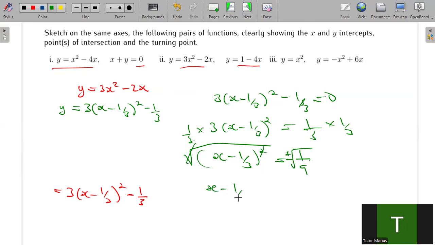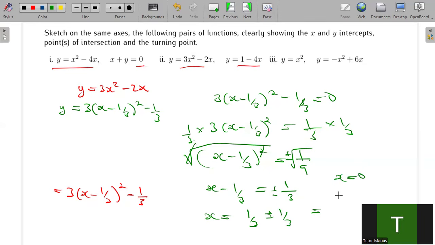And you have x minus 1 over 3 is just equal to, so that gives you 1 over what? Because the square root of 1 is 1, square root of 9 is just 3. And you have plus minus. And this will be x is equal to, take the 1 over 3 the other side, it becomes positive, plus minus 1 over 3. When we subtract, we get 0.